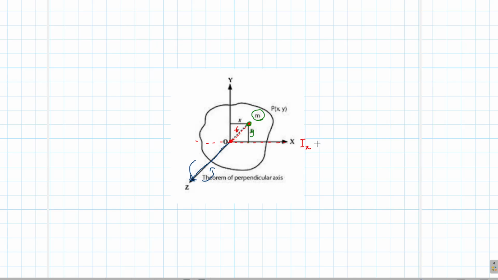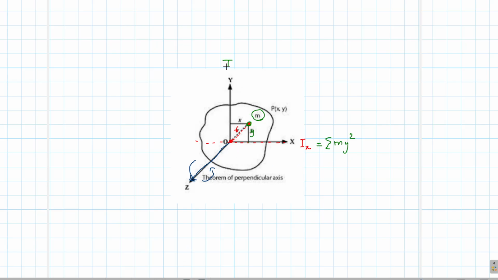Then I can write Ix is equal to my square. For the single particle, if you are rotating it about the x-axis, it is my square. Y is the perpendicular distance from the x-axis to this particle. Since there are a lot of particles inside the body, total Ix will be summation my square. So we will consider each individual particle inside the body and take the sum.